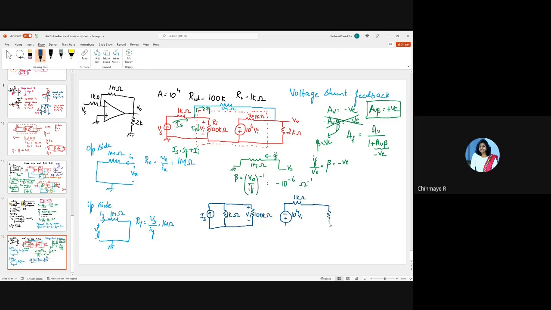And then you will have a 2 kilo ohm resistance here, across which you're taking V naught, correct? I'll just connect this and then ground it here. Now the impedance seen through the output side is 1 mega ohm, right? Therefore, I can represent it this way.